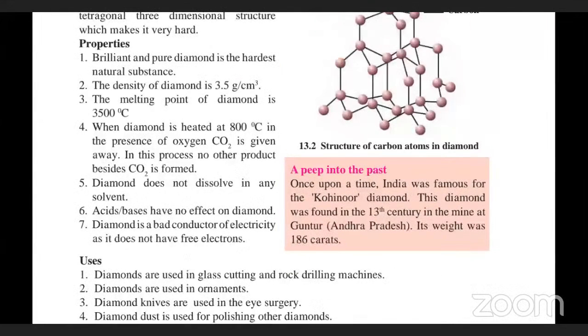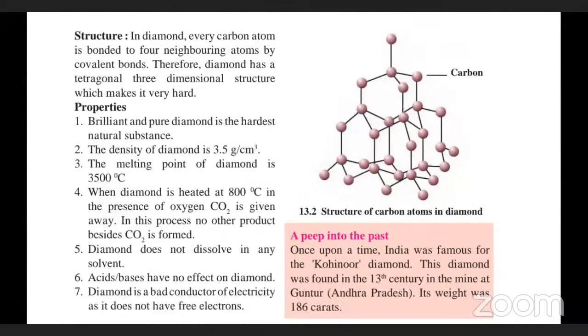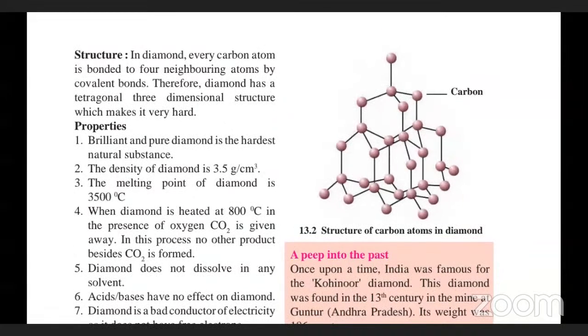Now talking about the properties, students, the properties of carbon. So see, the first property is that diamond is brilliant, and pure diamond is the hardest natural substance available.